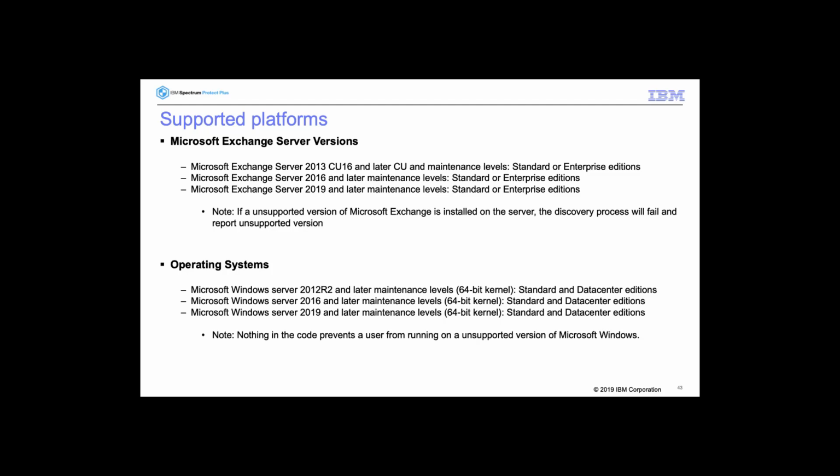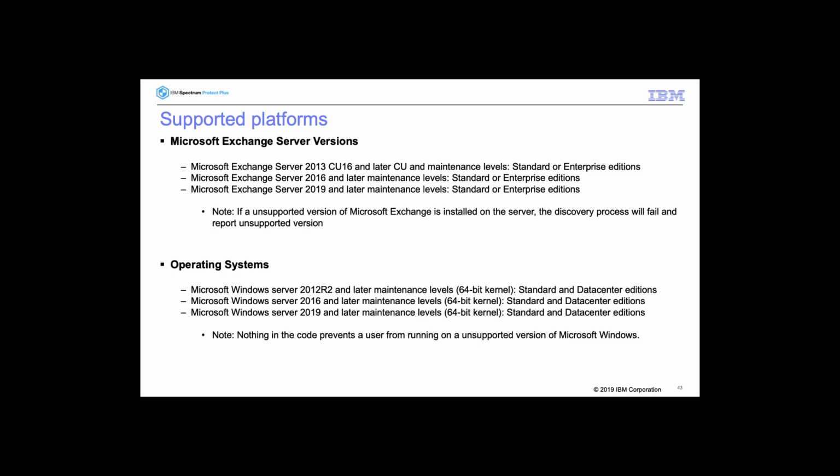Now, again, I just said this with regard to MongoDB, but the same thing is true of all these applications. Really, the best course of action for any of these is to Google Spectrum Protect Plus All Requirements documentation and look through the specific details of the prerequisites.